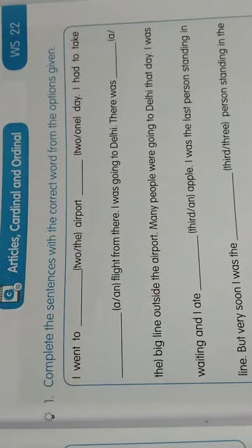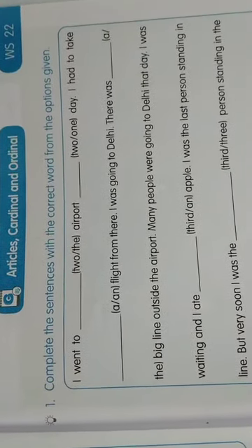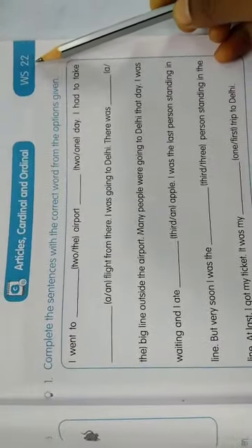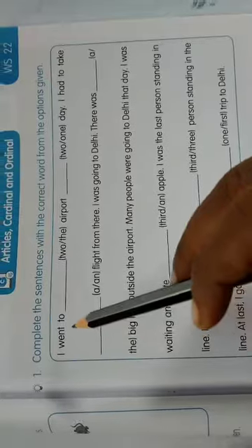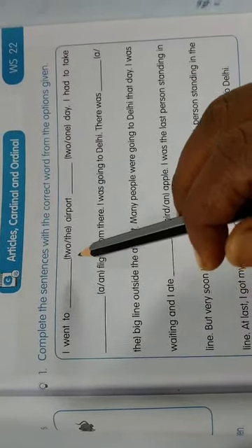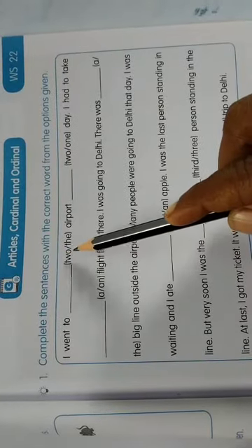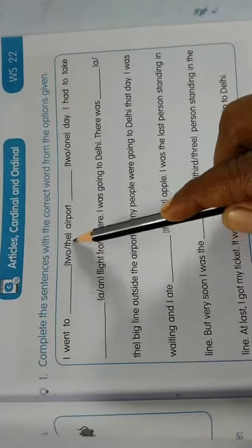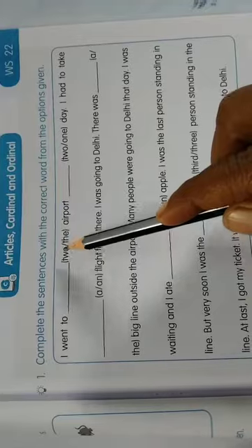Let us complete our today's session. Today's homework is, you just do worksheet 22, first question. Here one story is given. You just go through the story by reading it sentence by sentence and then try to find the correct word from these two options given.